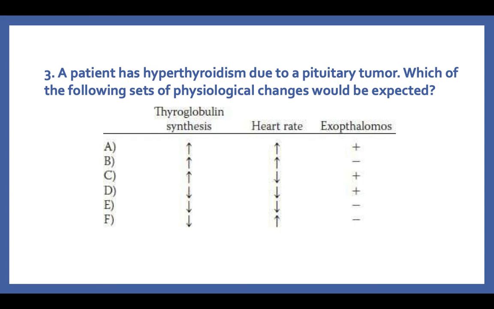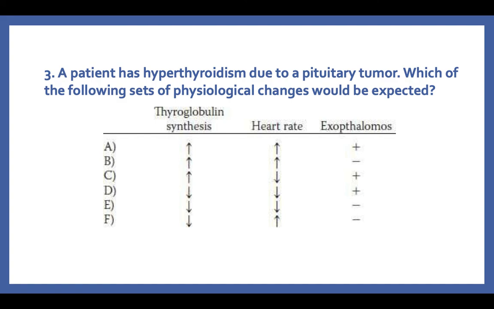Okay, so the correct answer is B. Now, again, through the process of elimination, the question stem says the person has a pituitary tumor and hyperthyroidism as a result of it. Now, because the patient has developed hyperthyroidism, the tumor is producing a lot of T3 and T4 hormones.